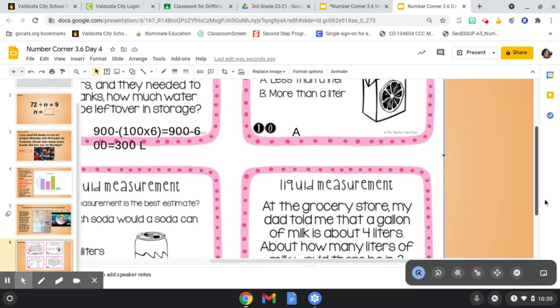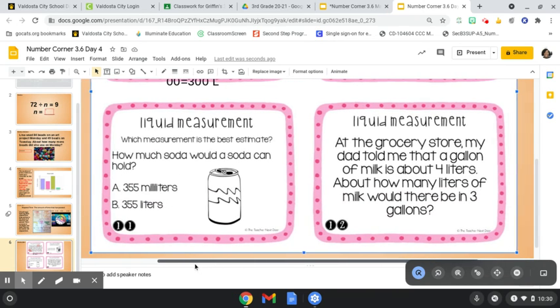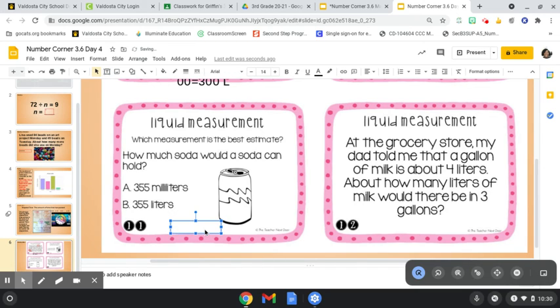That soda can will hold milliliters, so not liters. All right, so that answer would be A. Milliliters are smaller than liters. There are 1,000 milliliters in 1 liter.